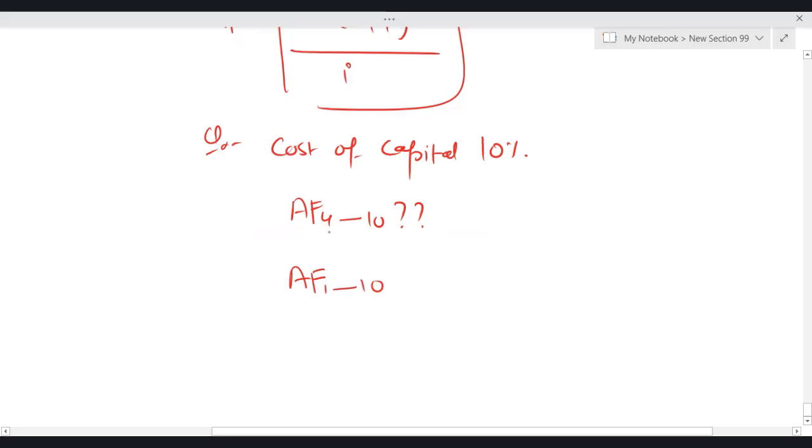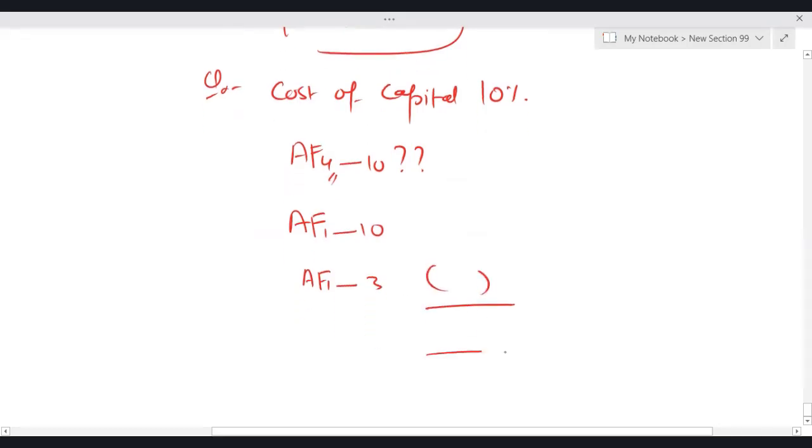Since we need the annuity factor from year 4, we have to deduct the annuity factor from 1 till 3. You will get the final answer, the annuity factor from 4 till 10.